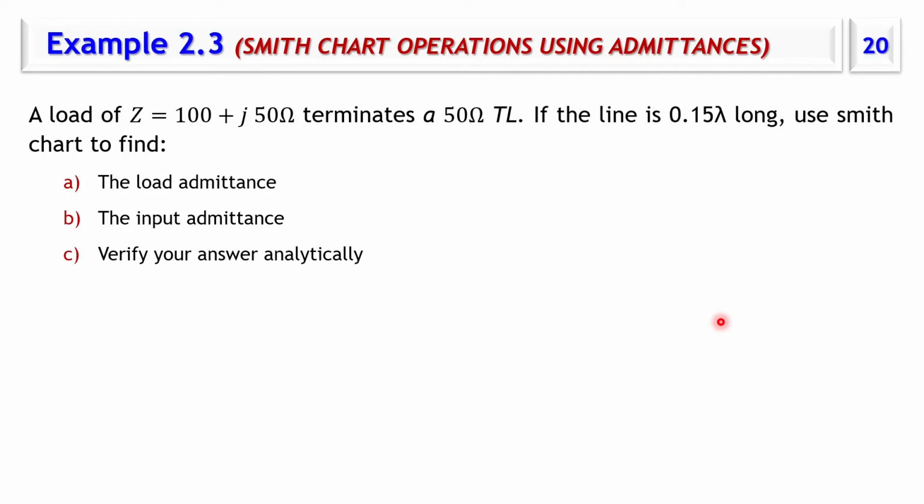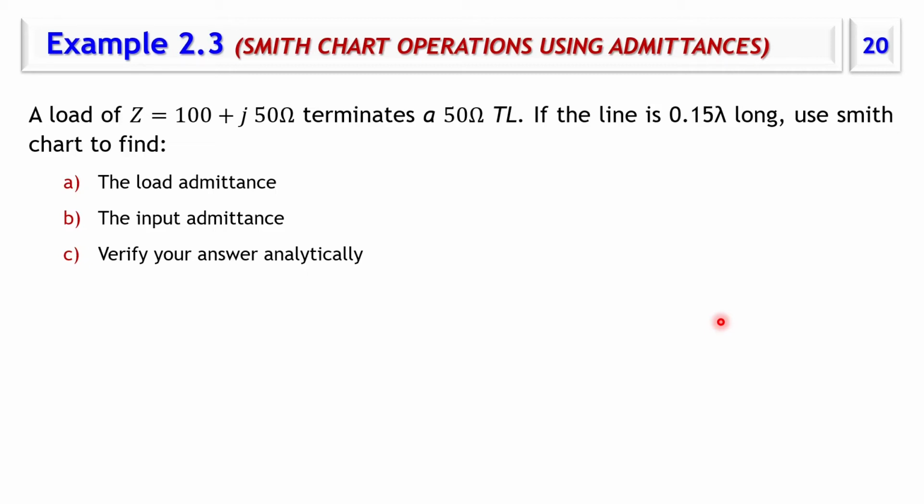You will learn more from the next example. We have a load of Z equal 100 plus j50 that terminates a 50 ohm transmission line, and this line length is 0.15 lambda. Use the Smith chart to find the load admittance and input admittance, and verify your answer analytically.